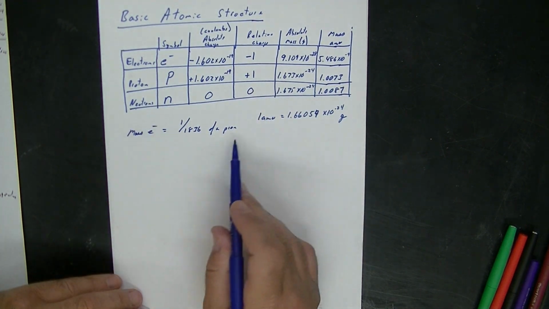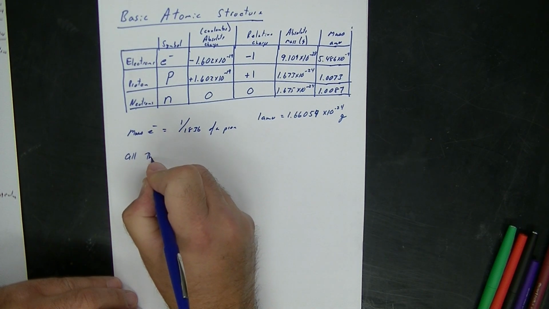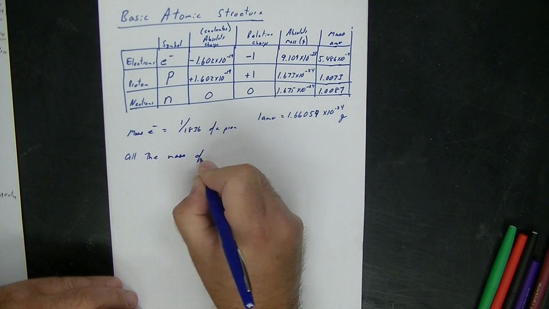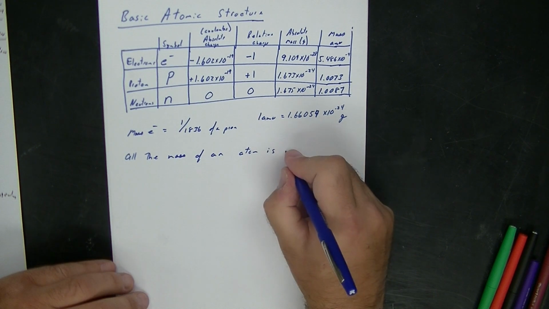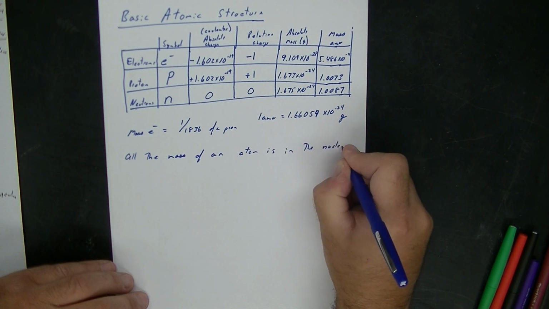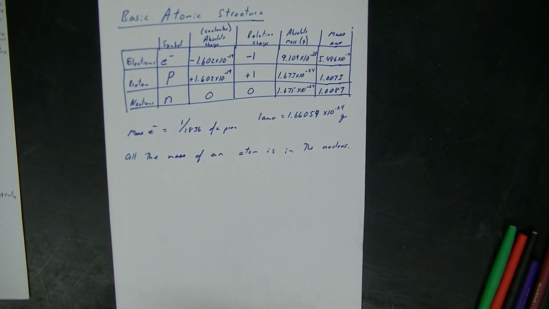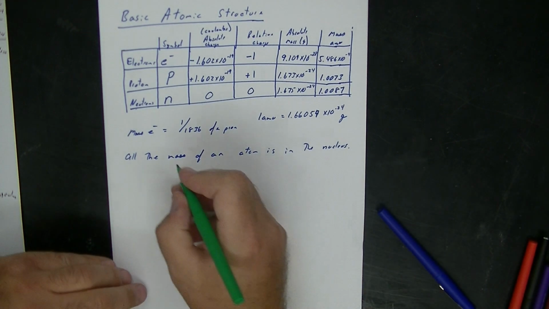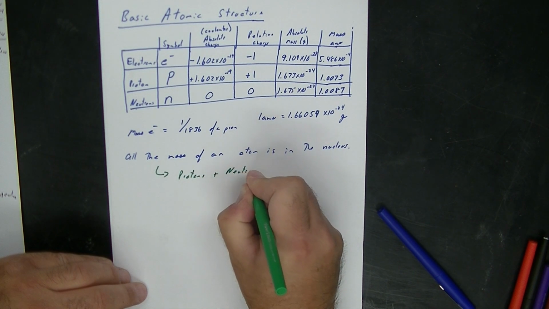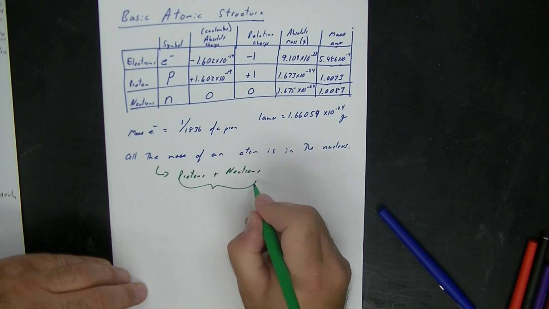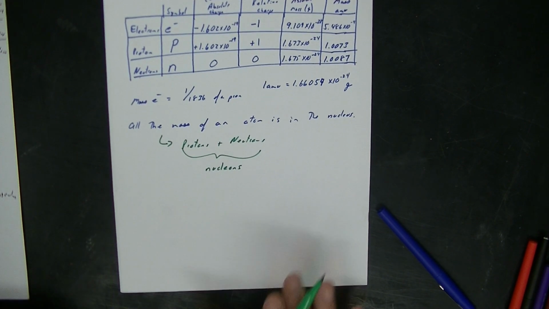All right, so if an electron has no mass, that tells us that all the mass of an atom is in the nucleus. Good. And we know that our protons and neutrons make up the nucleus. Together, these are called the nucleons. Okay, so the nucleons are the protons and neutrons.